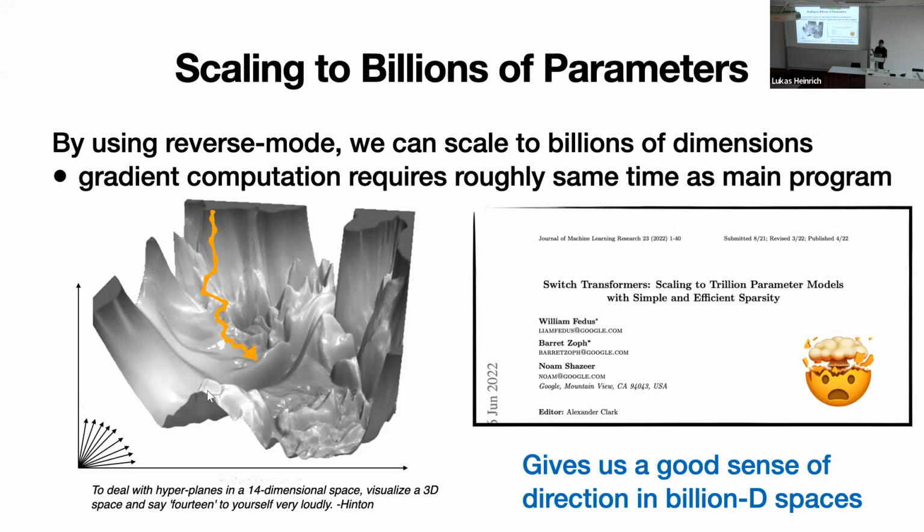But this requires you to have a billion numbers for your gradient. If you were to do a naive implementation where you implement your neural network in Mathematica and say, give me the derivative, this is not going to work. That's the magic of this type of reverse mode differentiation.